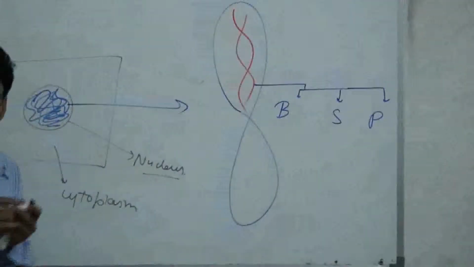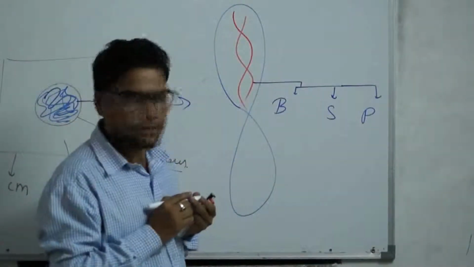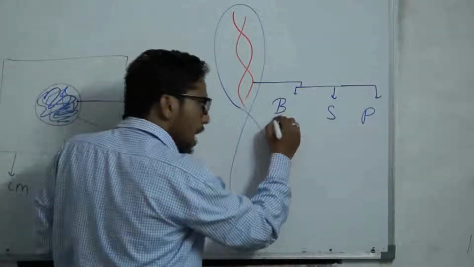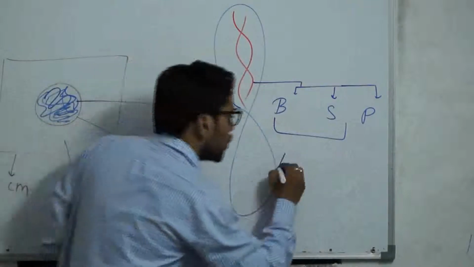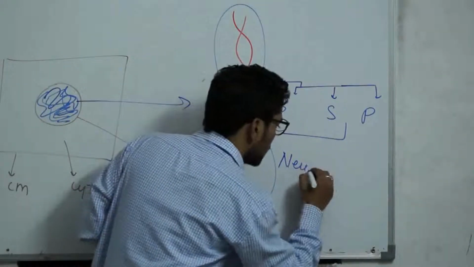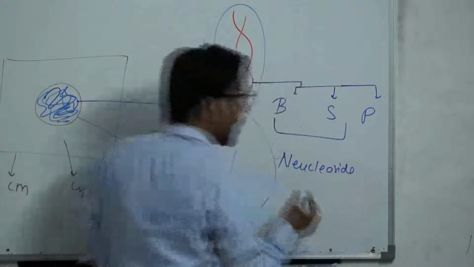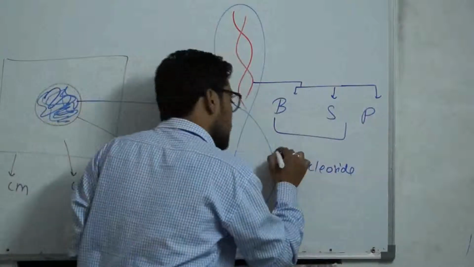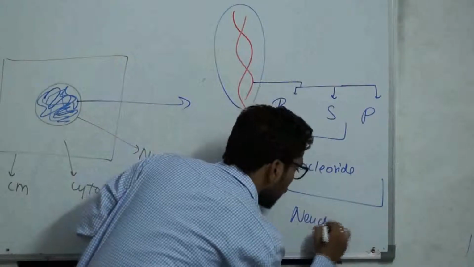So the DNA consists of three things: B, S and P. So students, this base and sugar together form a nucleoside. And this base plus sugar plus phosphate, these three combine to form what? Nucleotide.